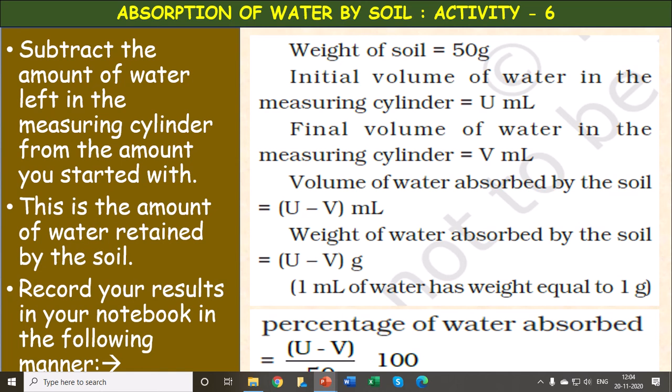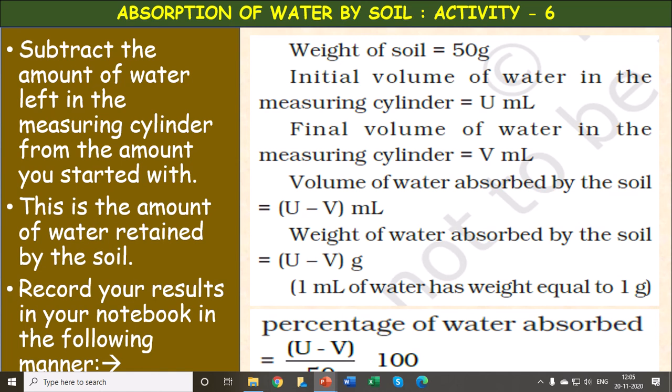Okay, children. So carefully you have to note each and every step properly, and you have to perform this activity. This activity helps you to understand the concept of absorption of water by soil. Okay, repeat the same experiment with several different samples of the soil.